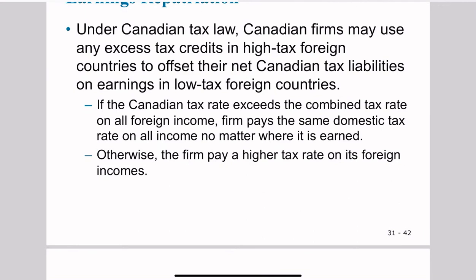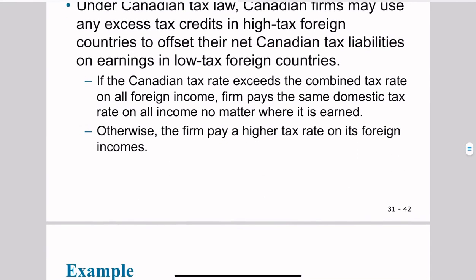So basically, to make this clear, it's something like this. You're basically comparing the combined foreign tax rate, right?